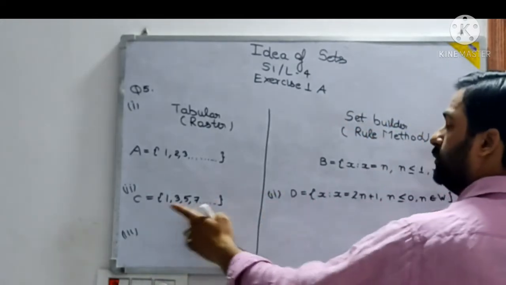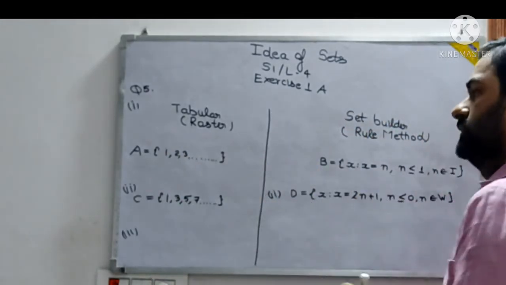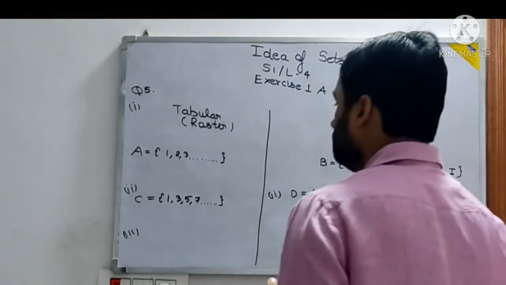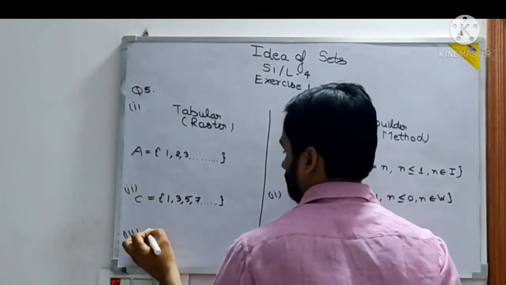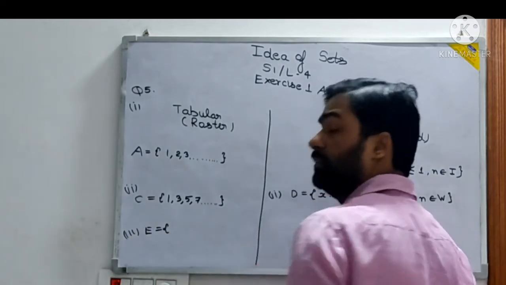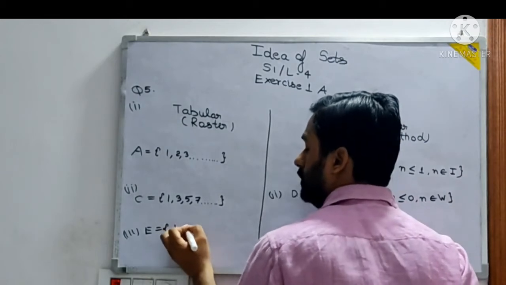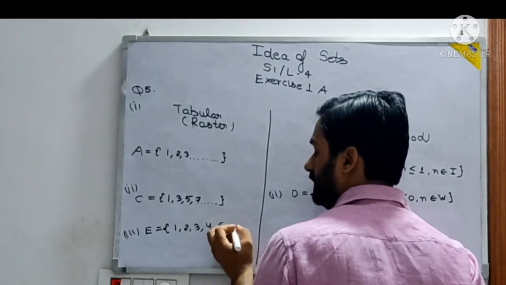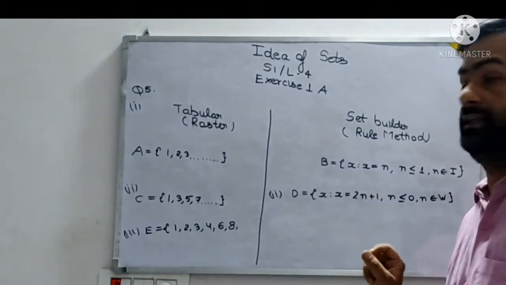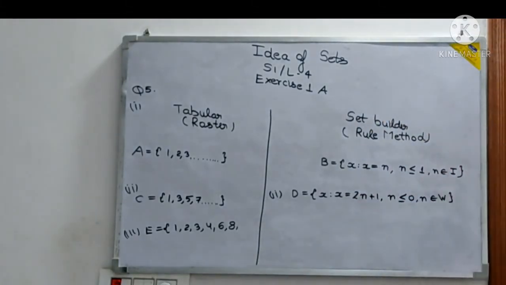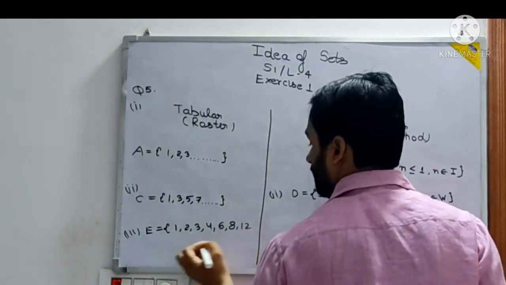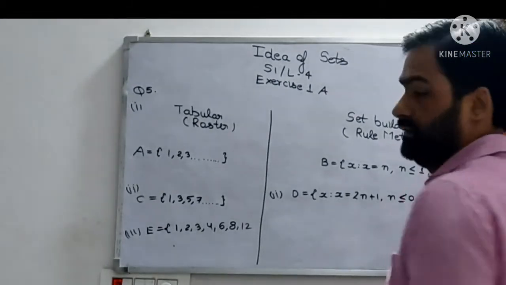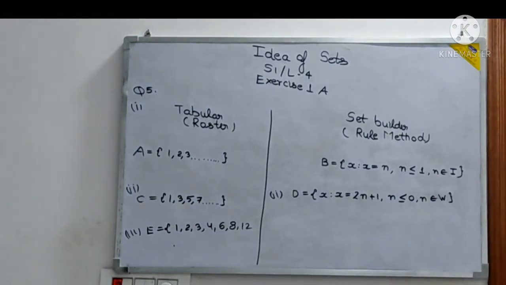The third part: set of factors of 24. What all numbers can divide 24? 1 can divide, 2 can divide, 3 can divide, 4 can divide, 6 can divide, 8 can divide, 12 also, and 24 itself.